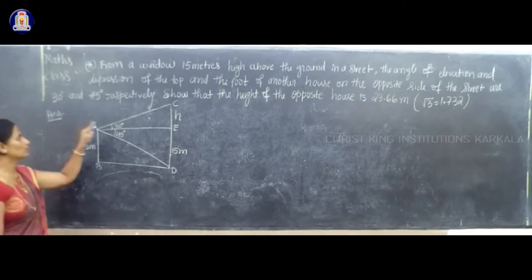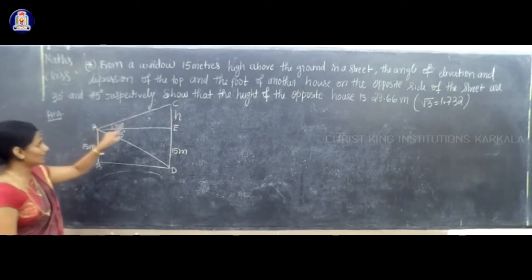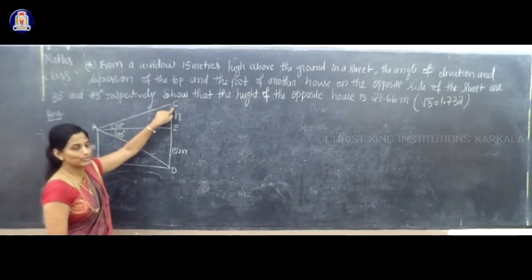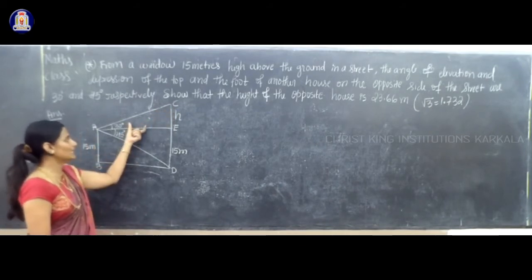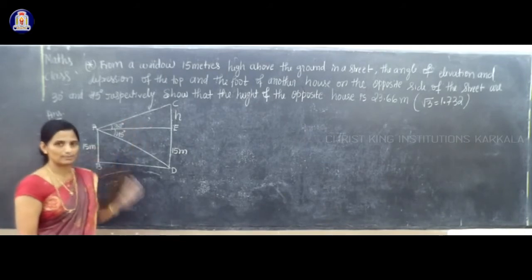You know the lesson. For this 30 degree, which triangle is it? Triangle AEC. Use the opposite side and adjacent side, that is tan theta, to get one box.